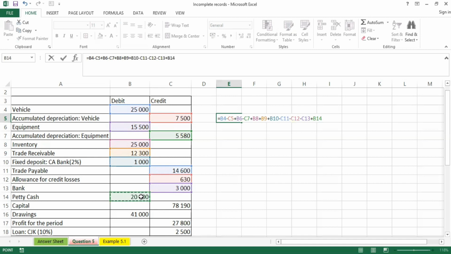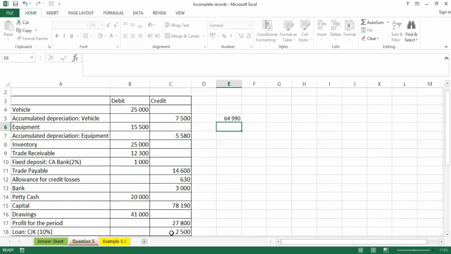Our drawings are also owner's equity, we don't touch that. Our profit for the period, that's profit or loss, so we also don't touch that. And then we have our loan. Our loan is what? Our liability. So we minus our loan.